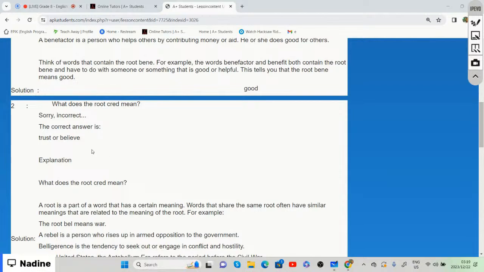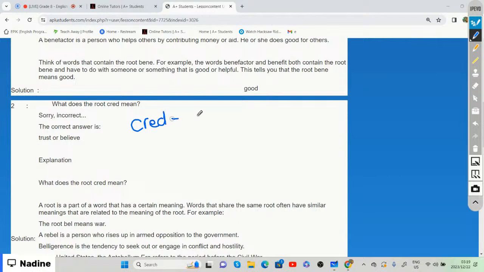So cred basically means to trust and believe. That is what cred means.